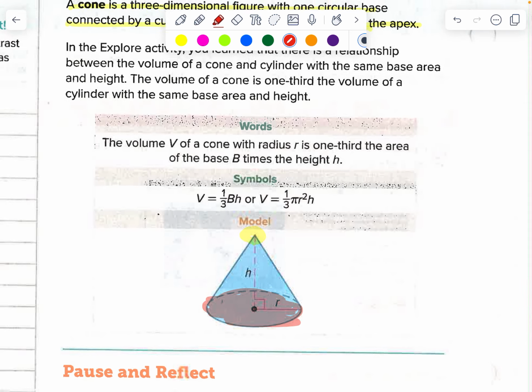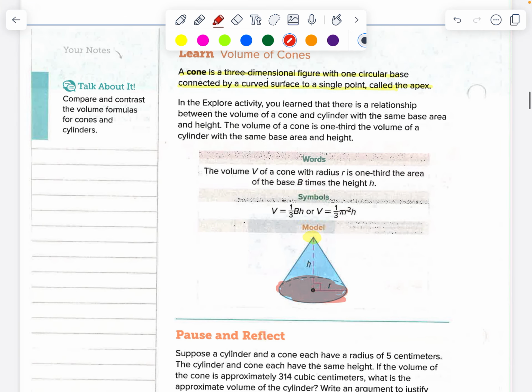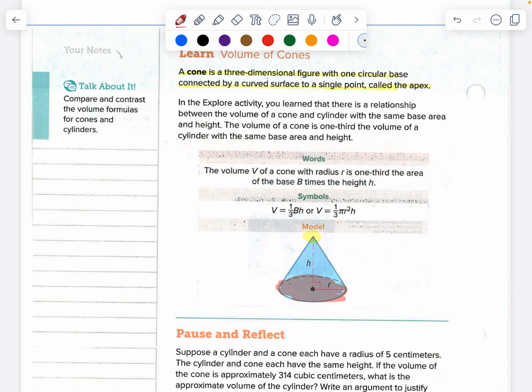Okay, so the volume of this, we're still gonna do the area of the base, and then we're gonna have that. This is what it was for the cylinder, right? But this, it's not the same. There's one difference, and that's how you have less of it.